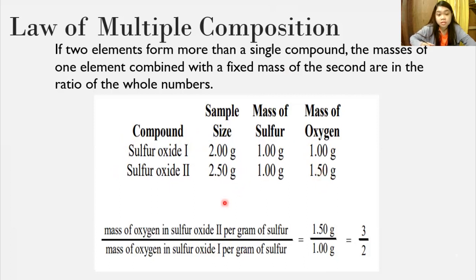In order for us to calculate the mass of oxygen in the second compound per gram of sulfur, and its ratio to the mass of oxygen in the first compound per gram of sulfur, we need to divide the mass of oxygen in the second compound by the first. So it will be 1.50 grams divided by 1 gram. So in terms of the mass of oxygen, the ratio is 3/2, or 3 halves.